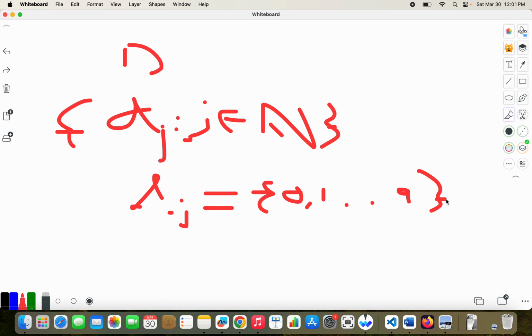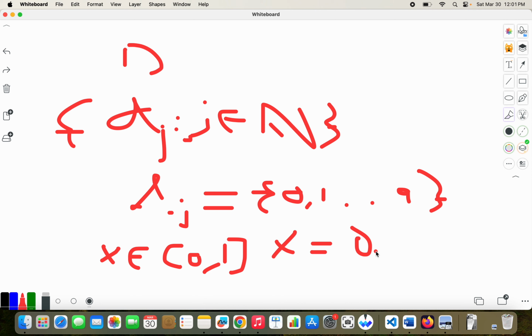So basically all the one-digit numbers. Then there exists a unique element in (0, 1]. There exists a unique x in 0 to 1, and again you should know it's not including 0, such that x equals 0.d_1 d_2 and so on.